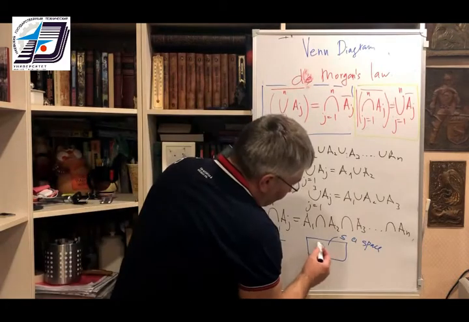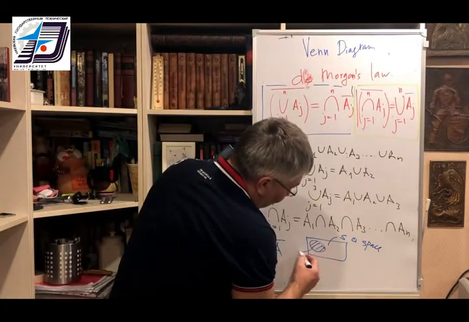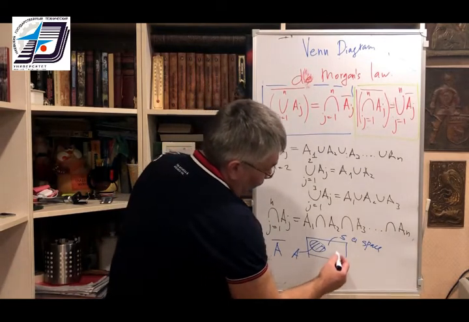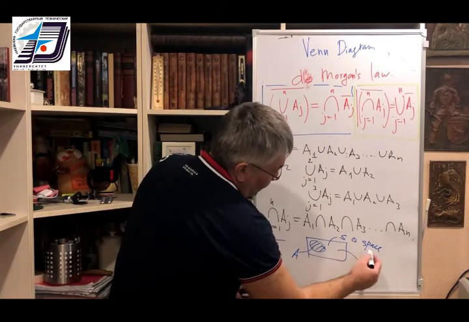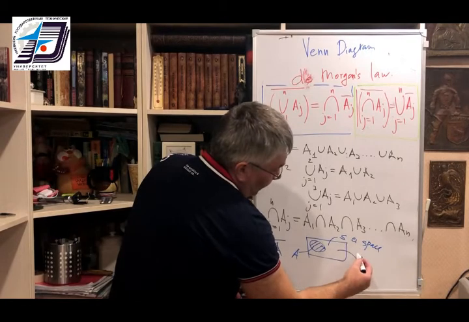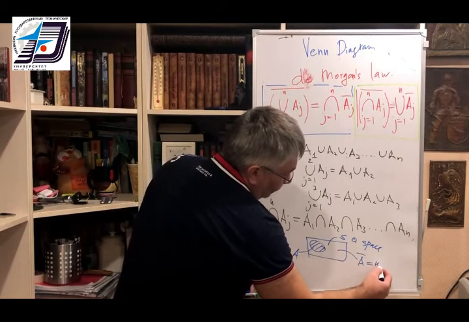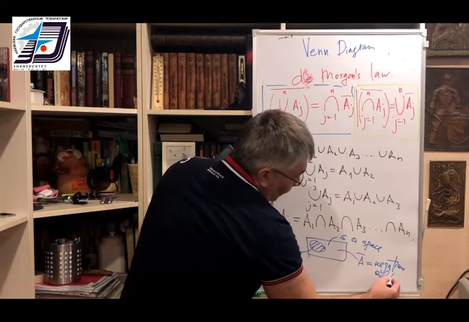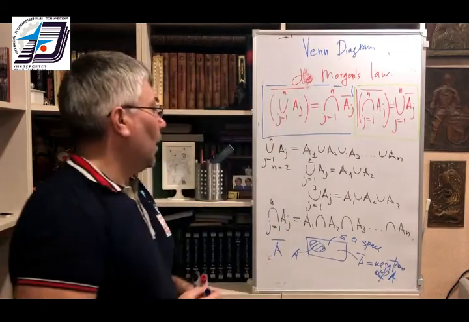So if it is A, the negation of A is the rest of S as a space set. Negation of A. Okay.